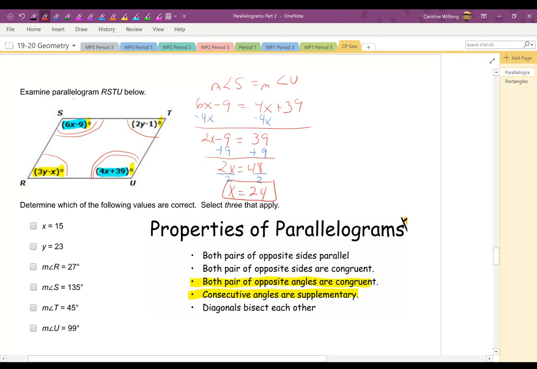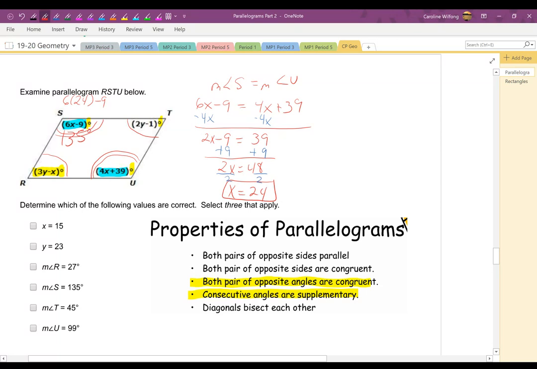So when I plug it in for angle S, I get 6 times 24 minus 9. So I find out that the measure of angle S is going to be 135 degrees. So I can write that in right here, 135 degrees.